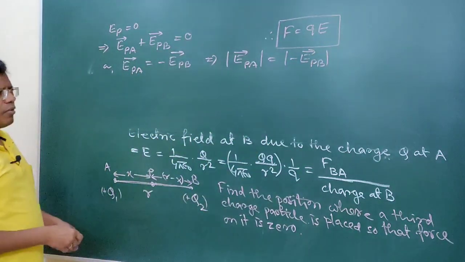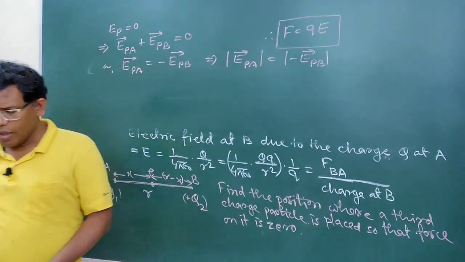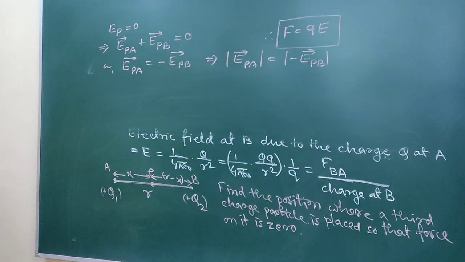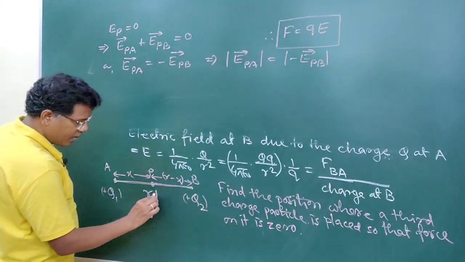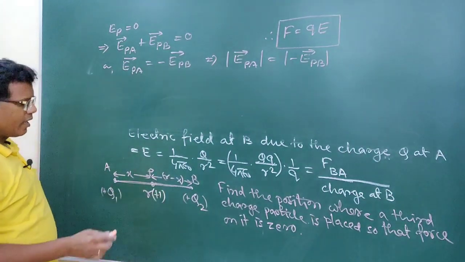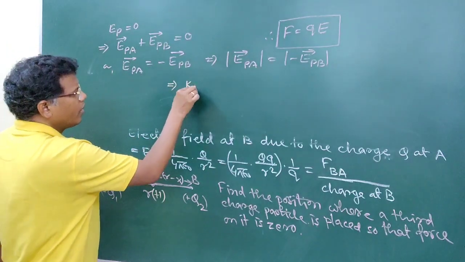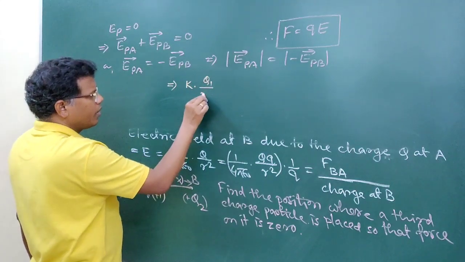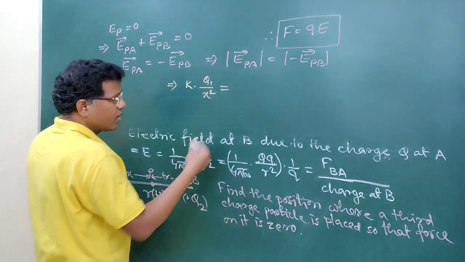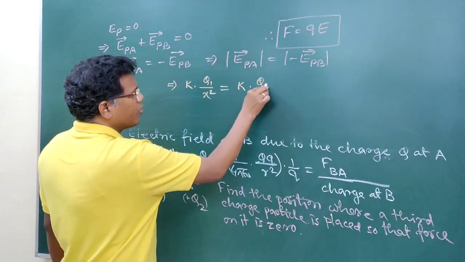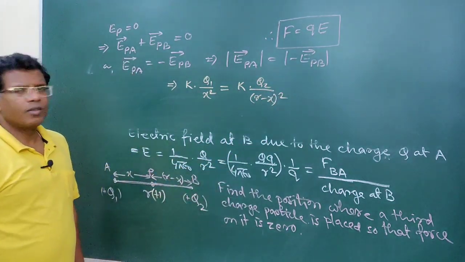Whenever we calculate the electric field, that point should have a unit plus 1 charge. So let there be a plus 1 test charge at the point P. Due to Q1, it will be K into Q1 by x square, and for Q2 it will be K into Q2 by (r minus x) whole square.